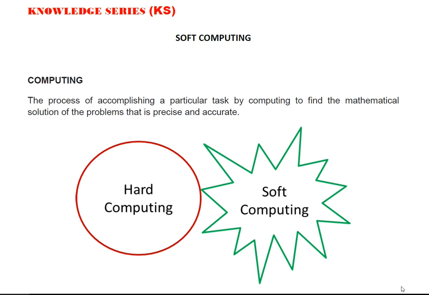In other words, as per the definition noted here, it is the process of accomplishing a particular task by computing to find mathematical solutions to the problem that are precise and accurate. That means we are very sure that the output is going to be precise and accurate based on the modeling.